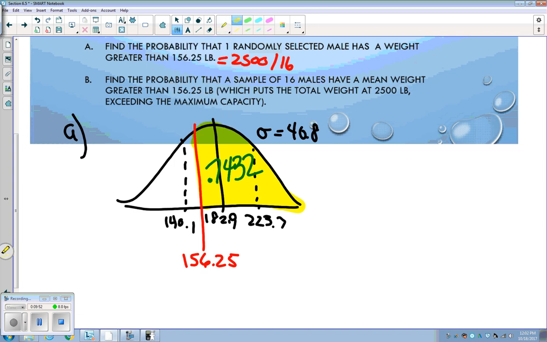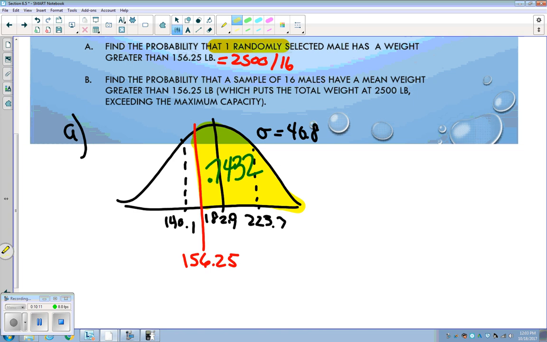Because you need to know the difference in when I'm going to use the central limit theorem and when I'm just going to use what we've been using all along, the normal curve. Okay? Normal curve, I have one randomly selected person. That's what we've been doing.